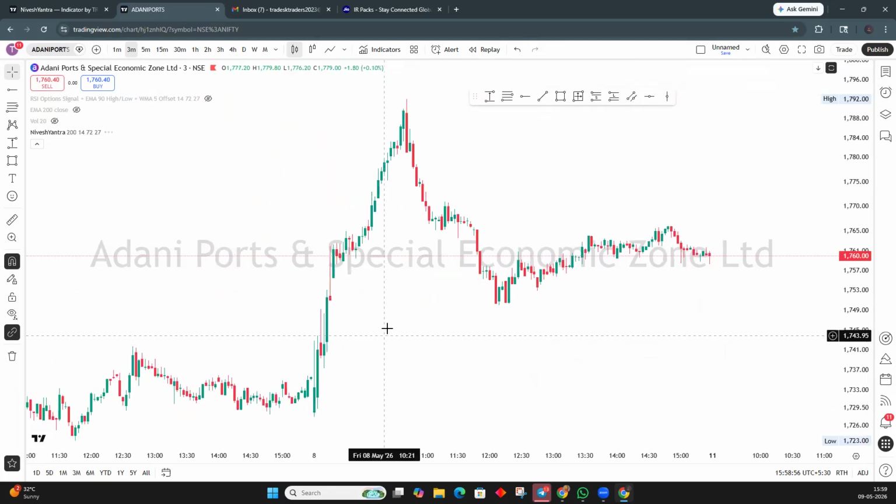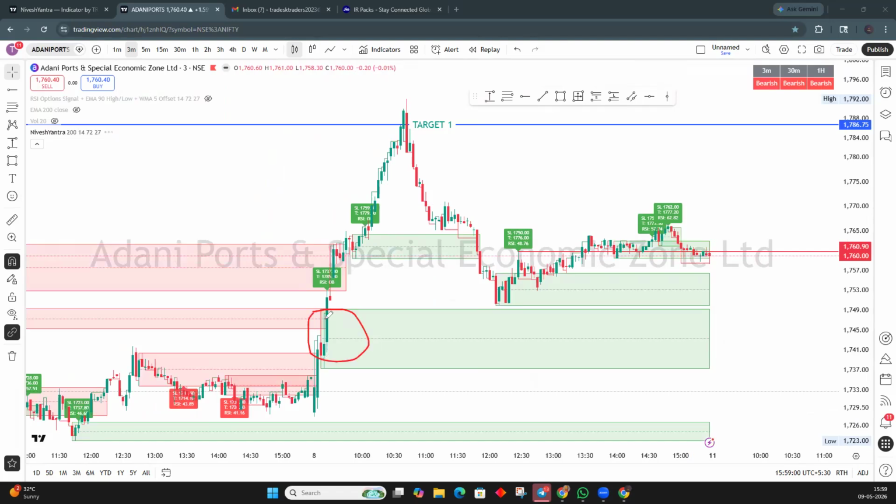So this was the Adani Ports trade, and the entry was here above, because there was a consolidation, and after the consolidation the breakout was very good, and then on the 3 minutes time frame we got the big buying signal, and then we took the risk reward, and the target for 1785 was this only, and we have reached the target.